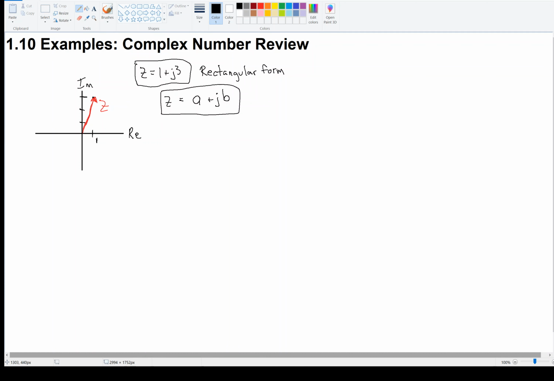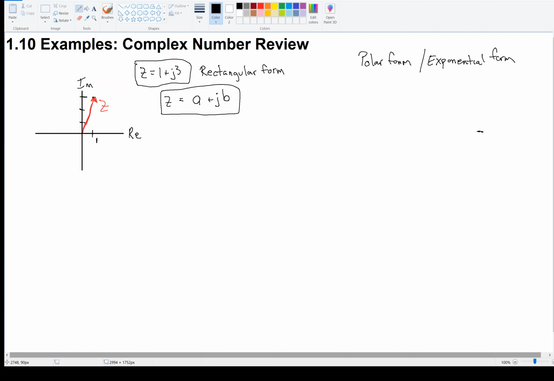But that's not the only way you can represent a vector in the plane. Another way is so-called polar form, or we're going to call it exponential form. Essentially, in our class, these mean the same thing, exponential or polar form.